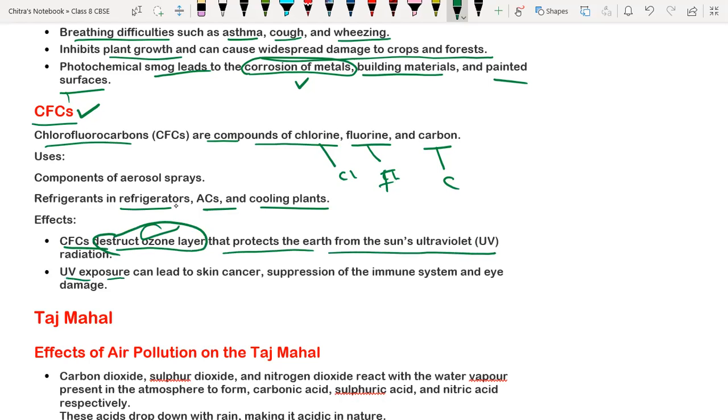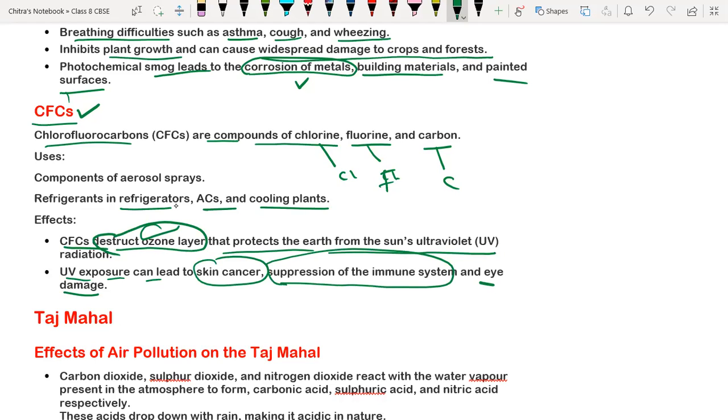Ultraviolet radiation exposure can lead to skin cancer, suppression of the immune system. It will reduce the immunity also. It even causes eye damage. These are the main effects of ultraviolet rays.